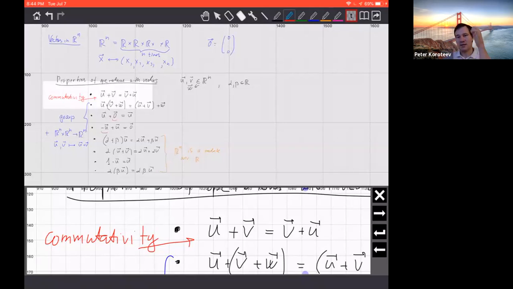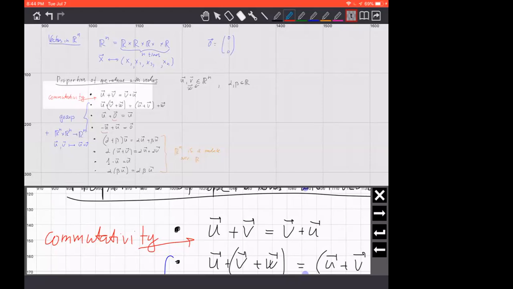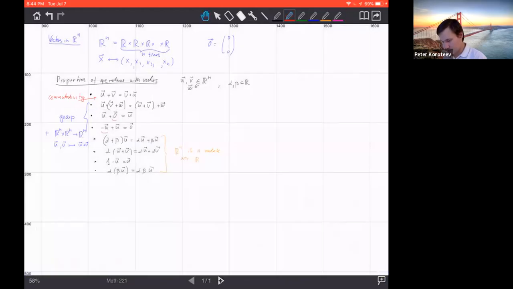So u multiplied by v is not equal to v multiplied by u. So in mathematics, we don't take this for granted, right? Not every structure is commutative, however counterintuitive that may seem. Okay, but otherwise, I hope these properties are self-explanatory.